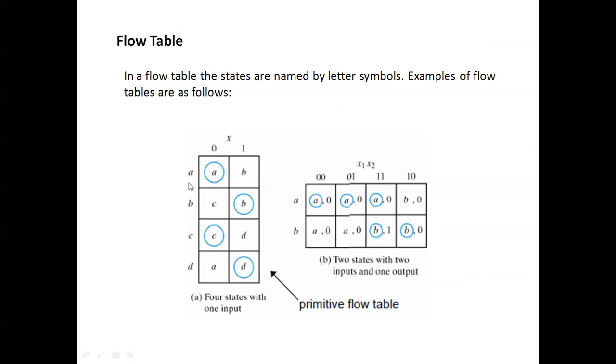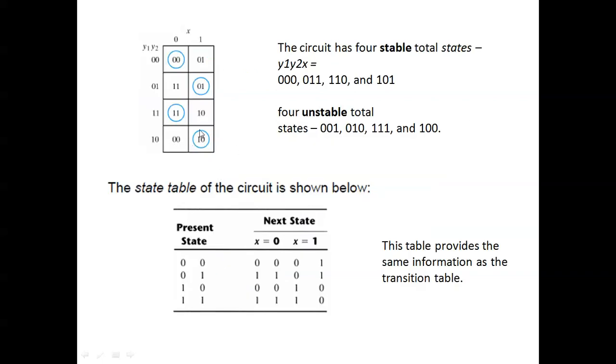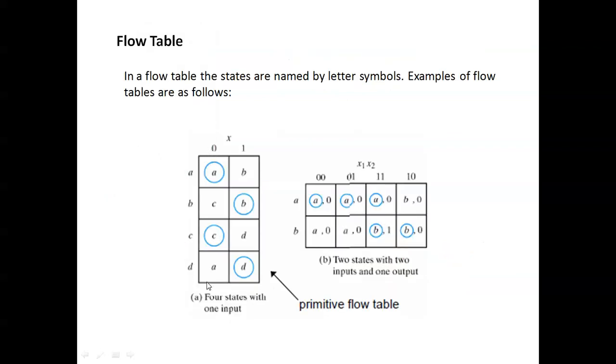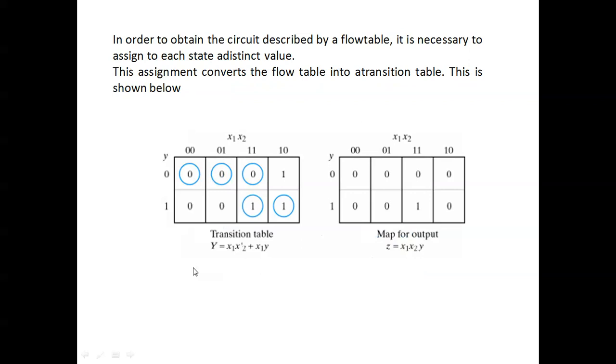Similarly, the same input and output are there and the circles are the same, so we can also call this a primitive flow table. Previously it was the transition table and this one is the flow table. If they use alphabetic letters, it is a flow table, and the transition table has a map for the output.